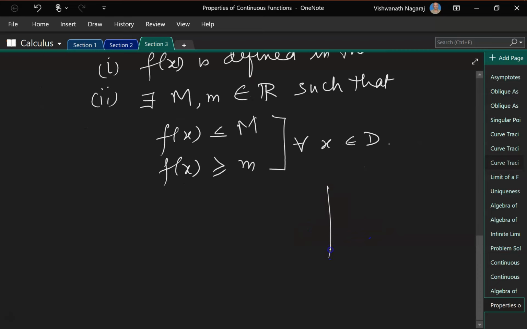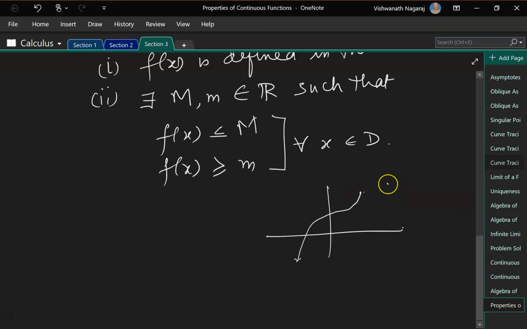So graphically, if you think about it, let's say we have something like this. If we have the curve going beyond this, but here it stops at this point, then we say it is bounded above.